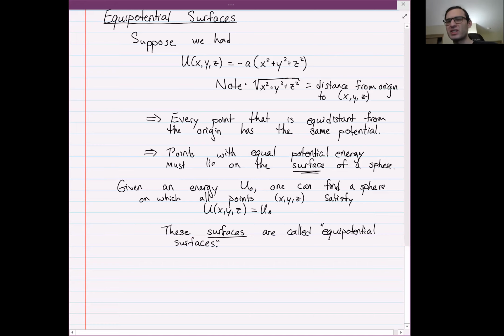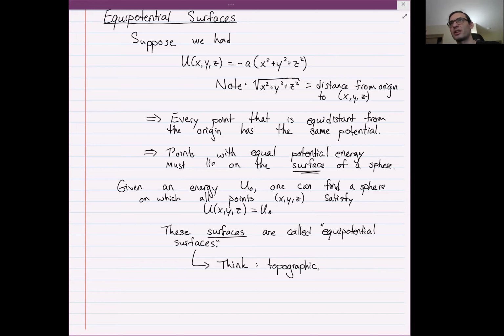A way to think about this, it's kind of hard in 3 dimensions, is to think of lines on a topographic map. If you have ever seen a topographic map of a mountain, every point on a line has the same height, and each line is associated with a height of the mountain. If the height is like the potential energy, and the points on those lines are like the equipotential surfaces, then you'd be perfectly right.